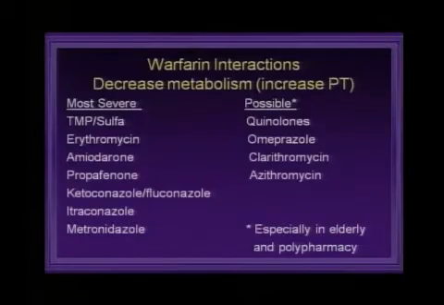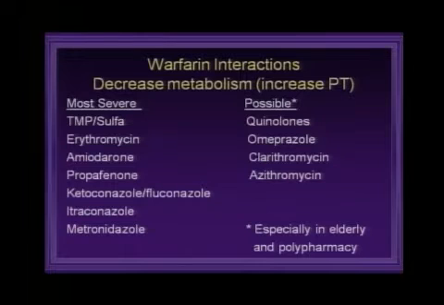So here are the list of drugs out there that have a major impact on warfarin. Most severe is trimethoprim sulfa, and part of the reason for that is it affects binding and metabolism, and also it's a relatively short half-life. So within 2 days, you are at steady state levels for trimethoprim sulfa. So within 2 days, you will start to see your maximum INR bump.